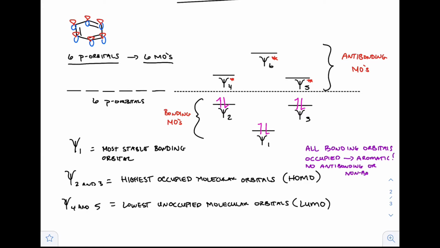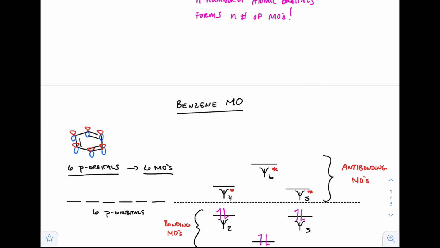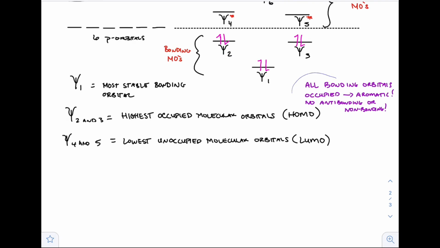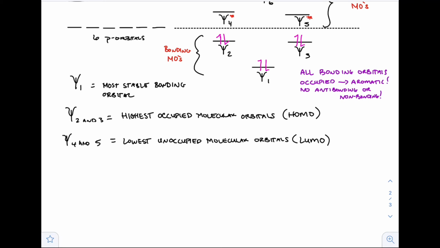I haven't drawn you the non-bonding orbitals yet. I'll show you that in a second. Non-bonding basically lie on that dotted line, okay? But again, the criteria for this is as long as we have all of our bonding orbitals occupied and nothing else, then we're good to go.